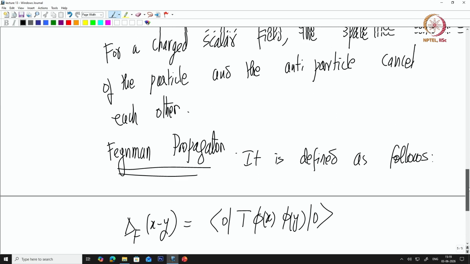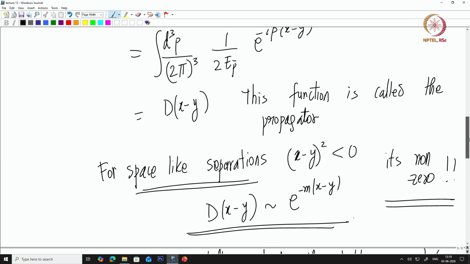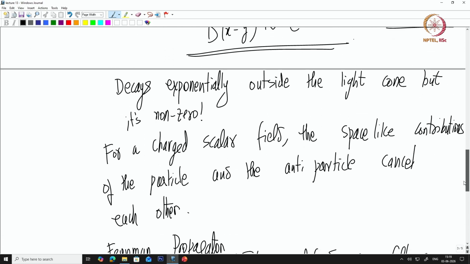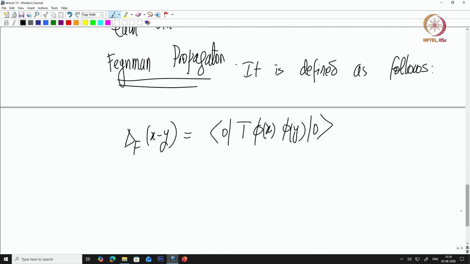The main difference between this and what we have seen is the time ordering. This is the main difference between the Feynman propagator and the ordinary propagator. Now this is defined as follows.